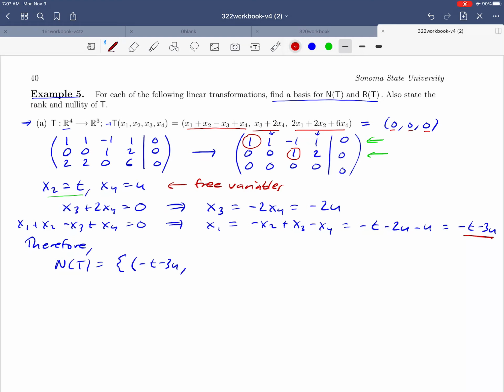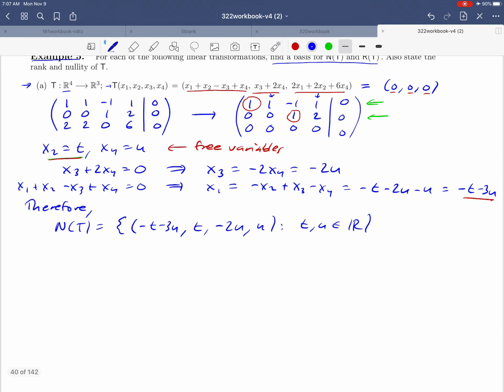Next up is x2, that's equal to t. Then x3 is equal to negative 2u, you can check that, and then x4 is equal to u. So that's the null space of T. That's our solution to this system of equations.